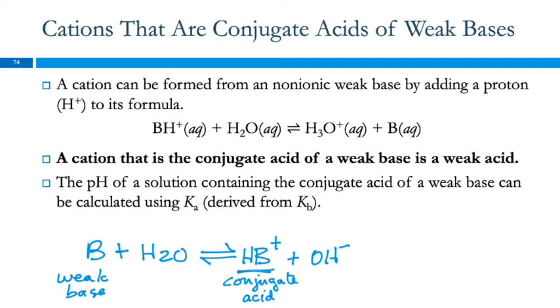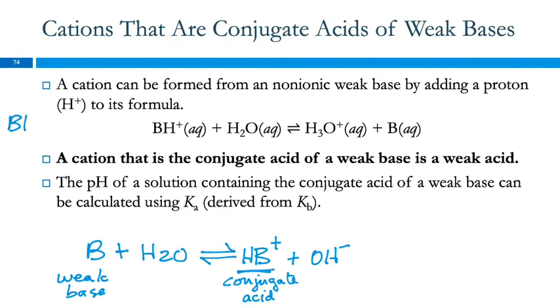So after it's accepted a proton, now it's in a position where it can donate a proton. And we know that because there was an H. How do we know that? Well, it's just like what we did with the anions.